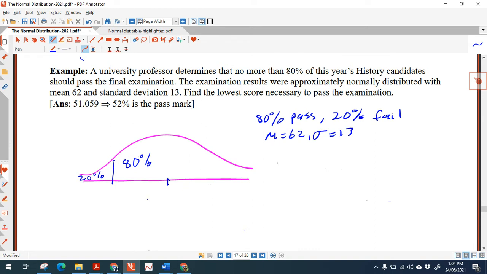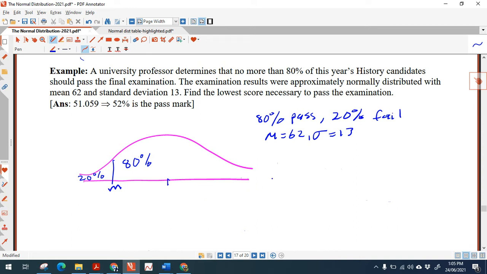Okay, we want to find the mark, which is here, whatever number this is, let's call it M, that corresponds to this particular diagram. So we're going to make this a Z score. We want to find the Z score which 80% of the data is above. So let's just write down an expression.